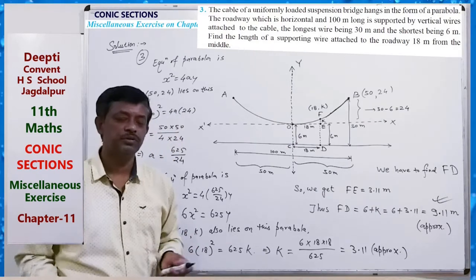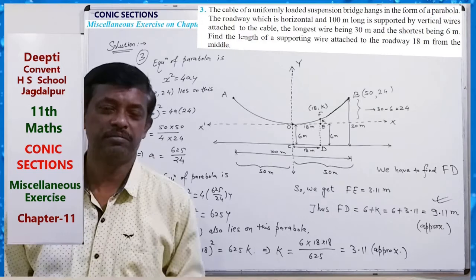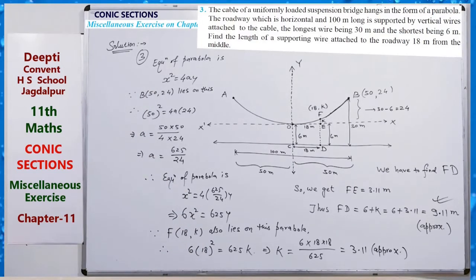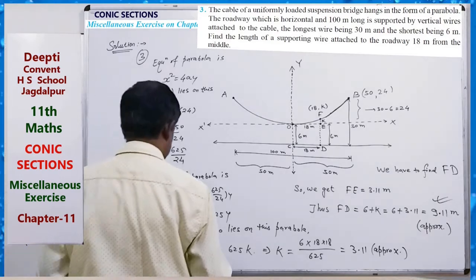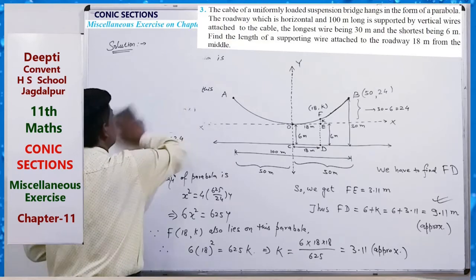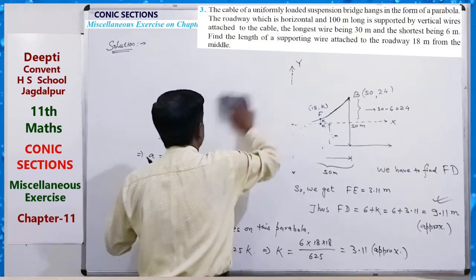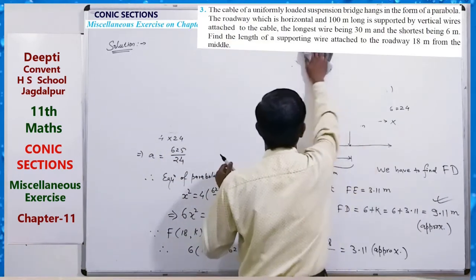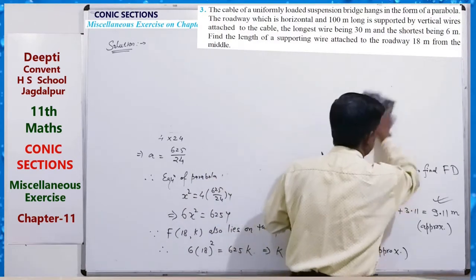First of all we have to draw the diagram, then we can find the required quantity. So just draw the semi-ellipse.